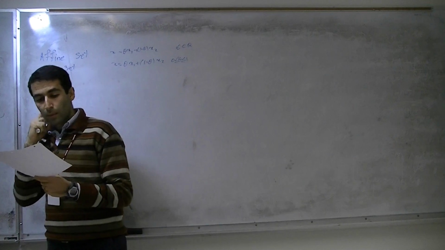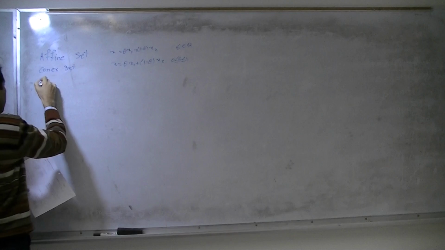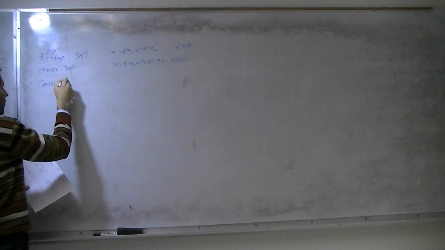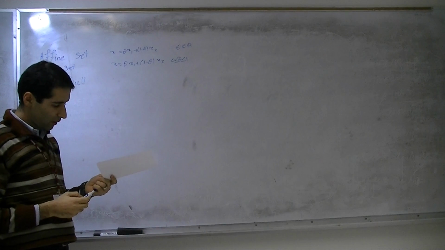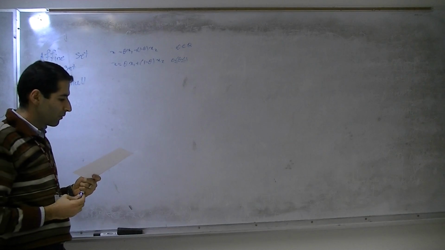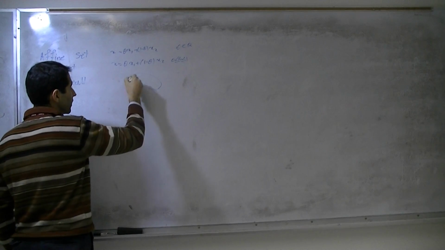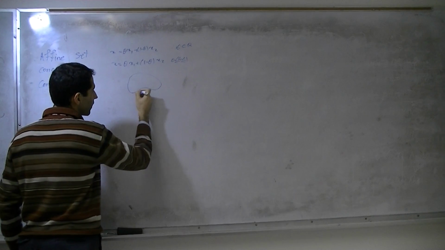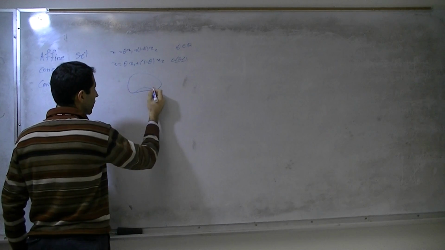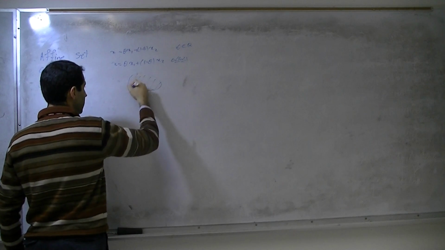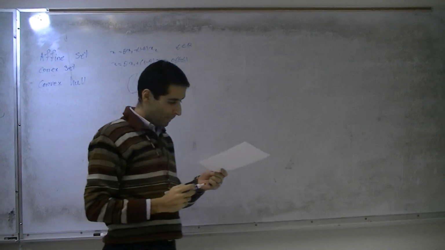After that, we talked about the convex hull. It's the set of all convex combinations of the points in S. For example, if we have a set something like this, we can define this new set as the convex hull of the original set that we had before.